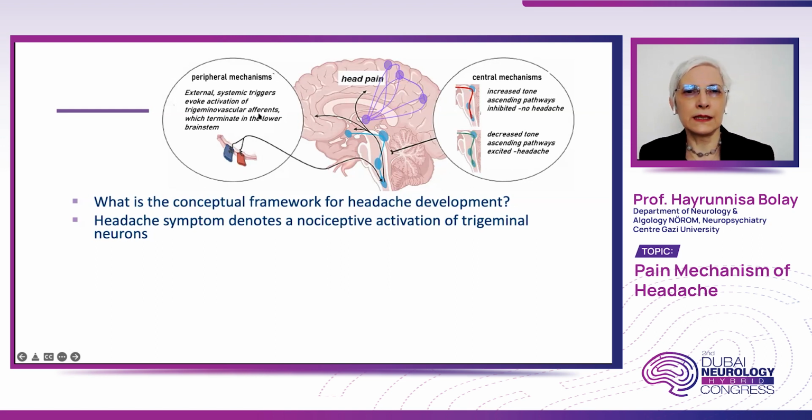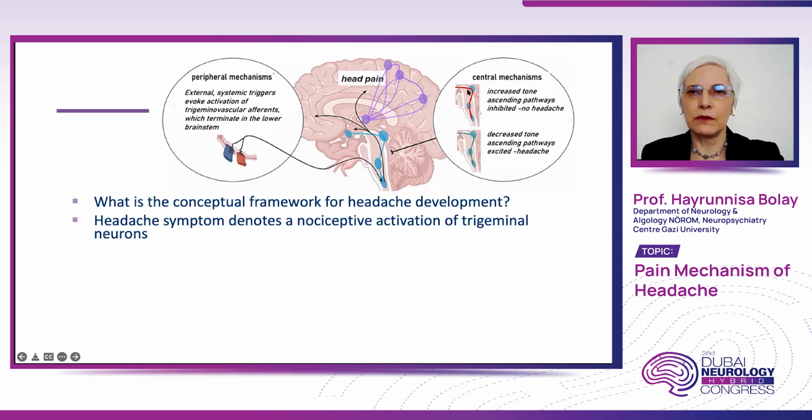This system constitutes the peripheral system. Anything external or systemic that triggers evokes activation of trigeminovascular afferents, and they transmit the signals to the brainstem nuclei. The other name is the trigeminocervical complex.